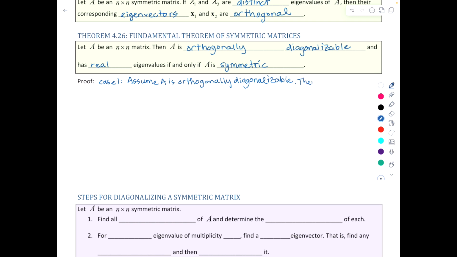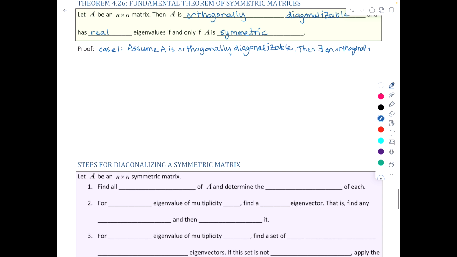Then there exists an orthogonal matrix P such that D equals P inverse times A times P is diagonal.